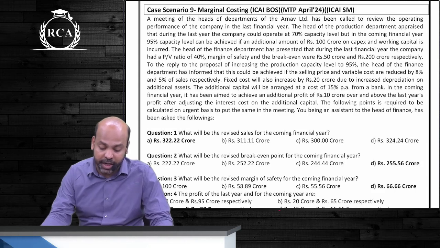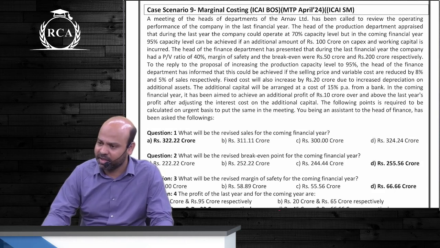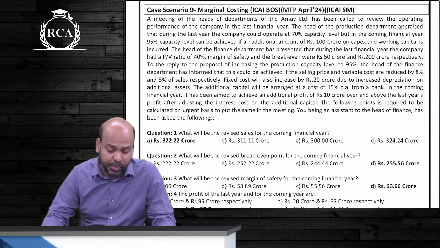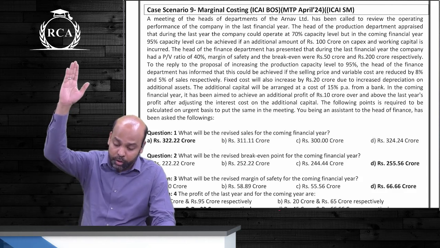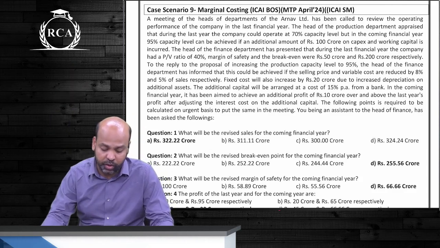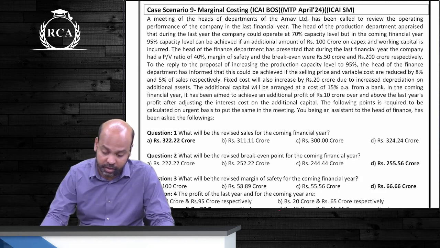A meeting of the heads of departments of Arnav Limited has been called. These people are only holding meetings since then, beta. To review the operating performance of the company in the last financial year. The head of the production department appraised that during the last year, the company could operate at 75% capacity. 70% capacity.